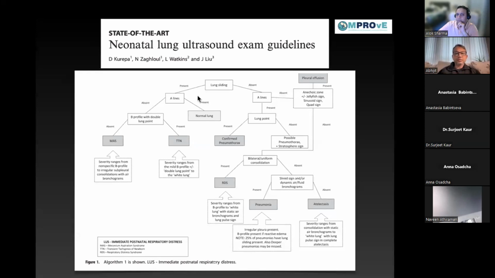I'll not walk you through the entirety of this, but I've just kept it here to show you what the signs are for pleural effusions, and what the signs are when we see the consolidations in pneumonia and atelectasis. You can see the anechoic zone plus or minus the jellyfish sign, or the sinusoidal sign and the quad sign, that is for the pleural effusion. We're going to talk about all these signs, and see how the pleural effusions look and how pneumonia and atelectasis are different from each other, and how you can differentiate them.